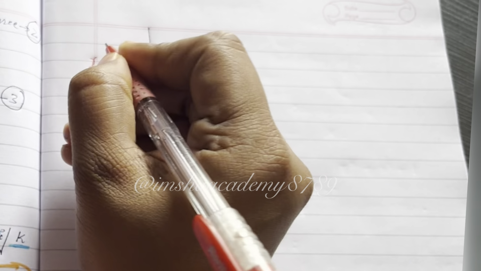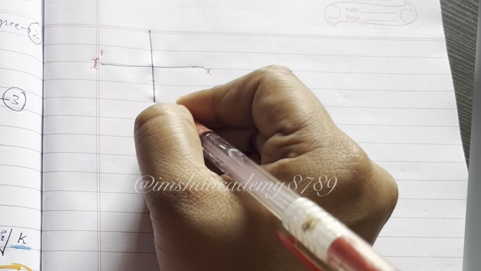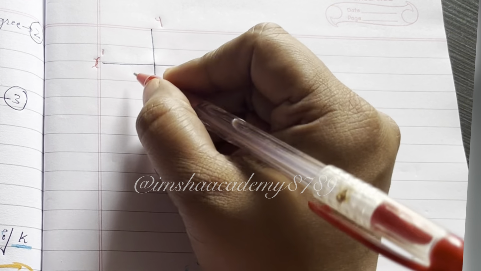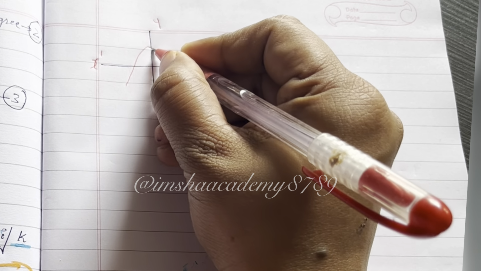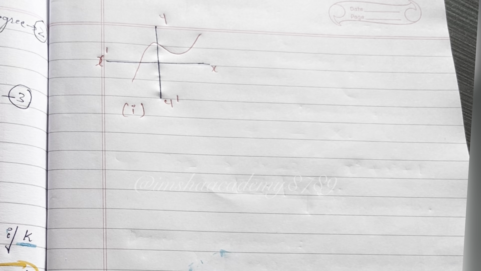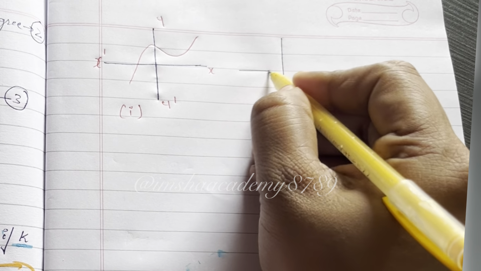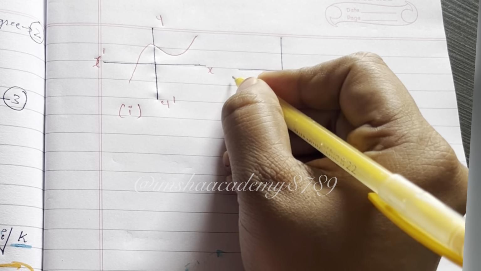Let's understand the concept of number of zeros with an example using a graph. This is x dash, this is x, this is y dash, and this is y. Okay, so the graph is something like this. This is 1. Similarly, I'll draw a few more graphs for better understanding, which are given in your textbook.